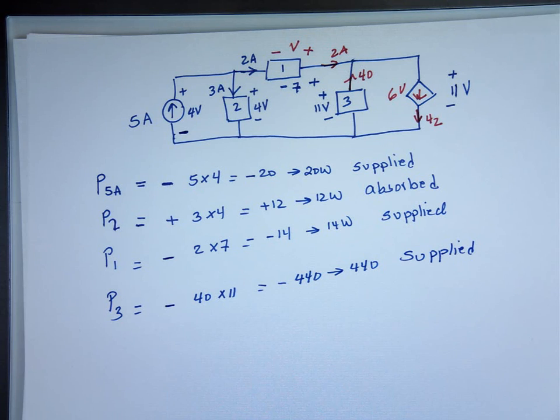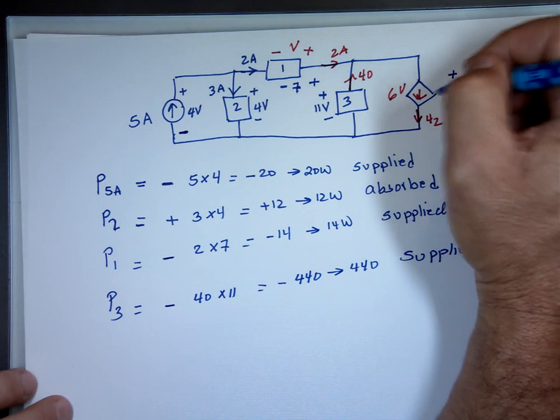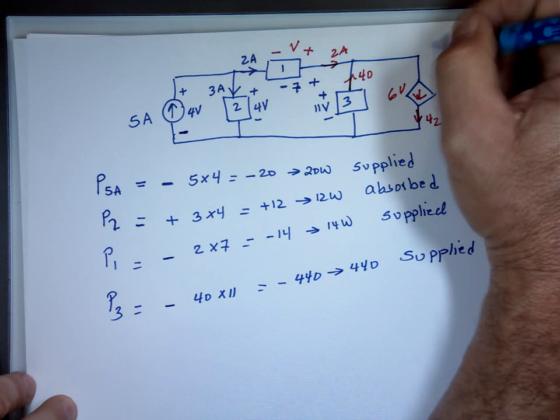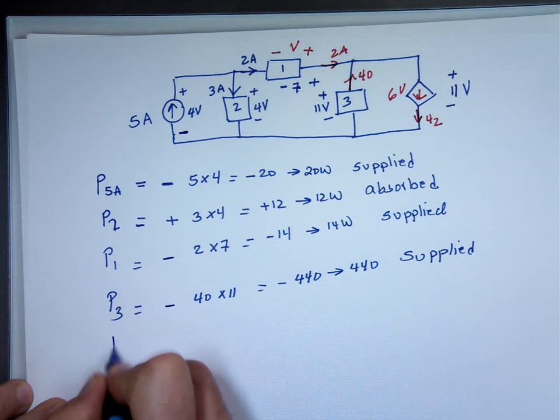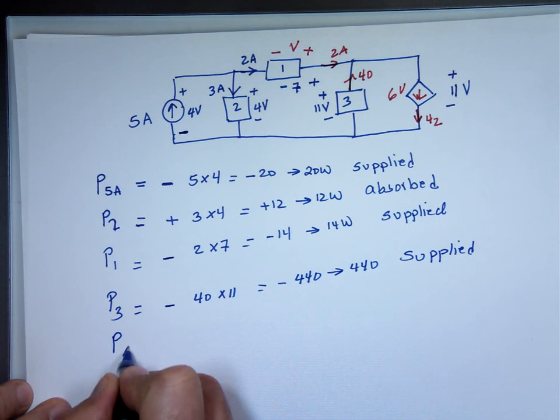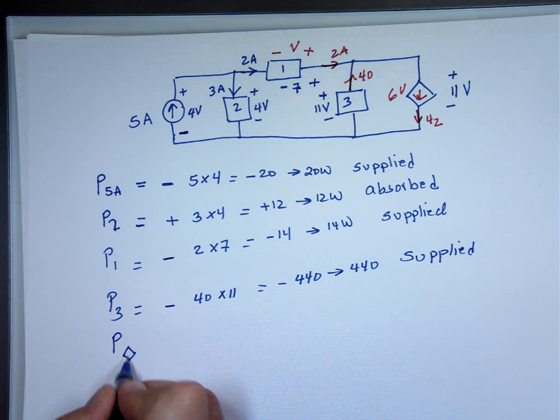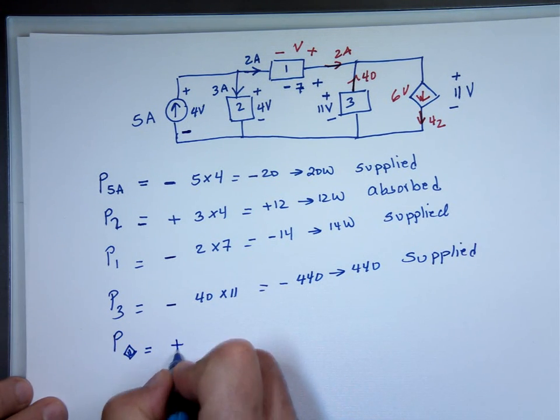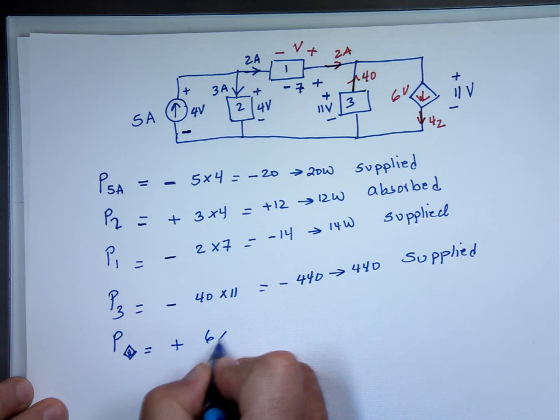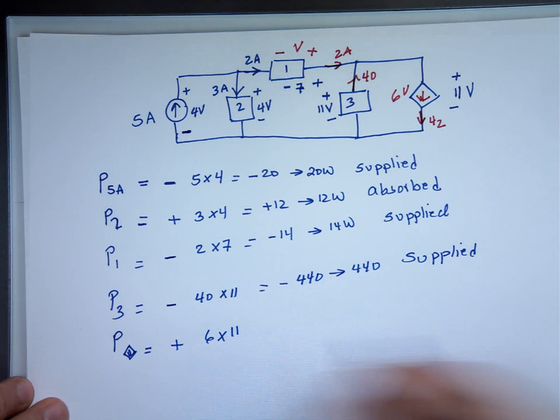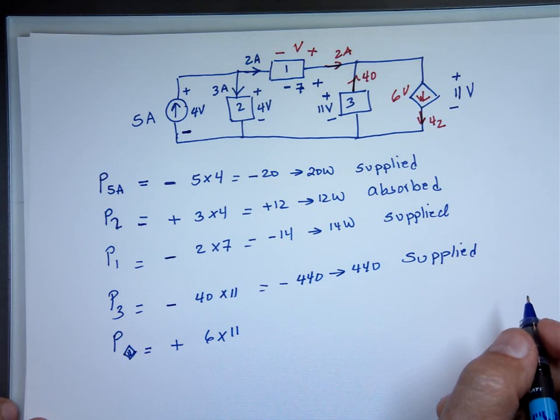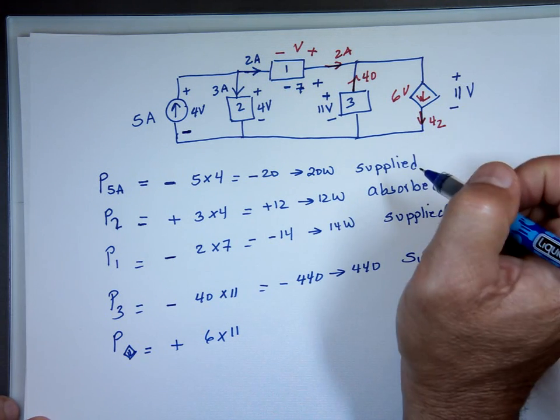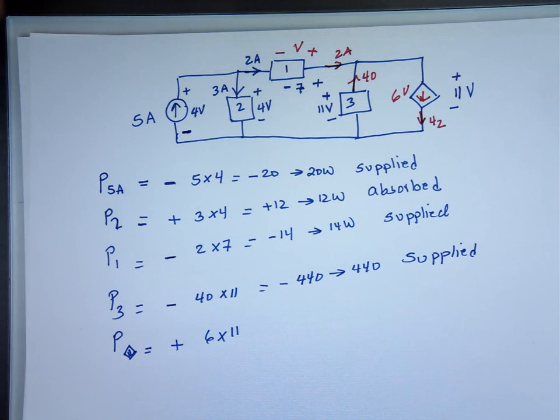And the last one is the dependent source here. We have the current coming down, entering the plus, that's absorbed, 6 times 11. No, 40 times 11, not 6. What is it, 42? 42. Wait, we're way off. The current's 42. It's 6V, which is 42.